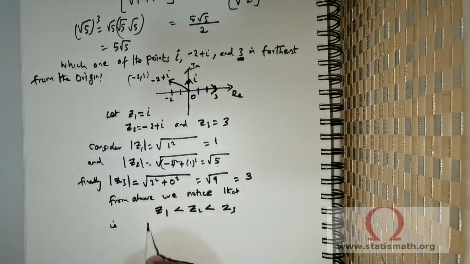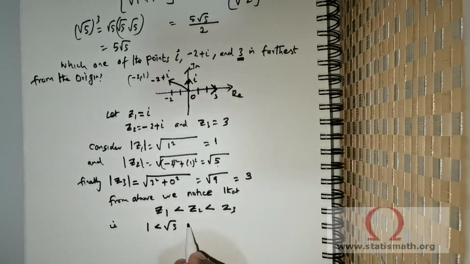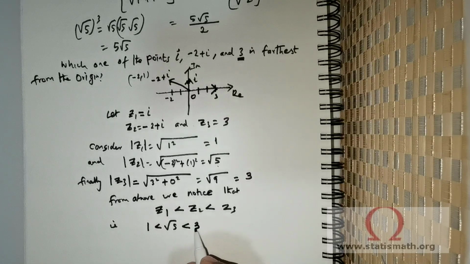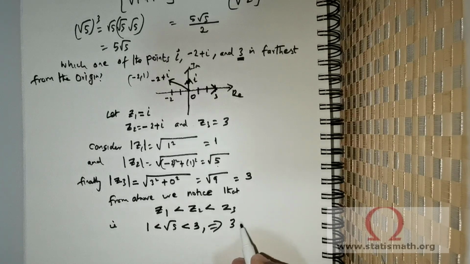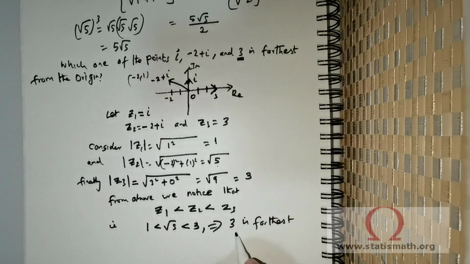That is, 1 is less than root 5, which in turn is less than 3. So this implies 3 is farthest from the origin. That is the conclusion with this question.